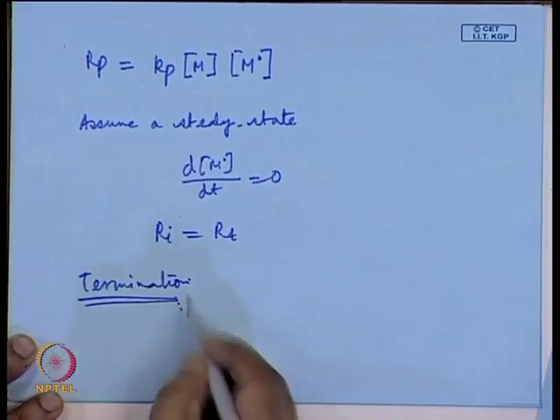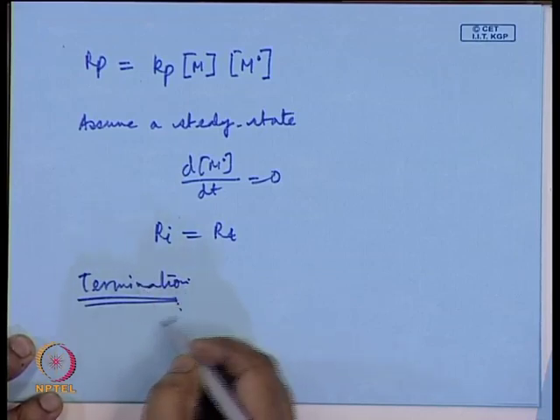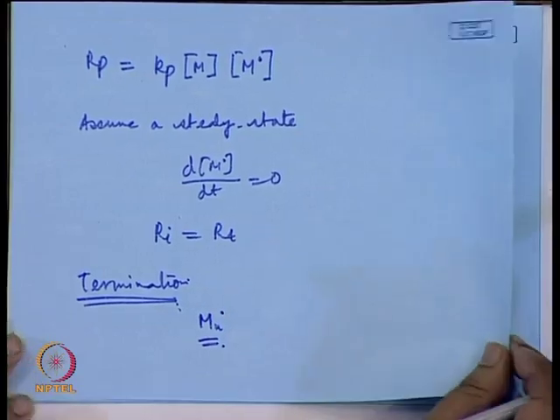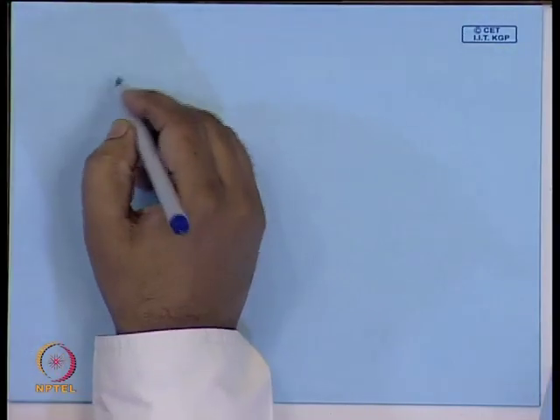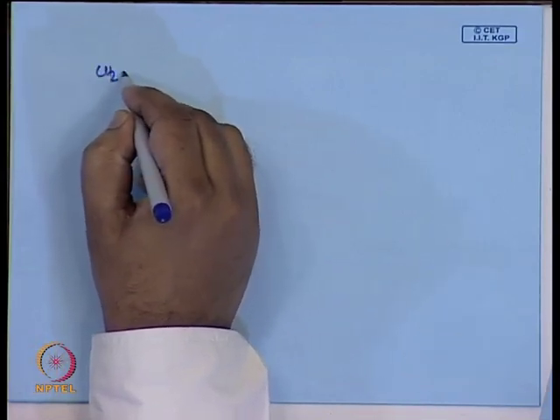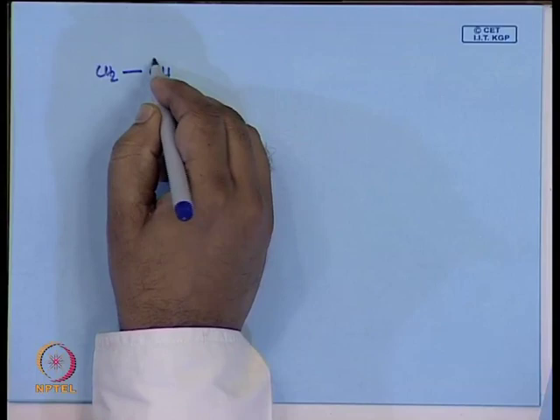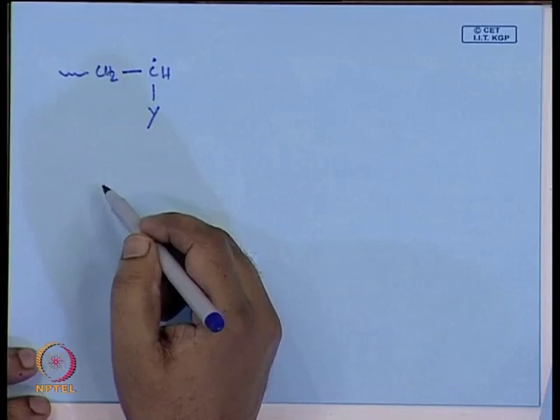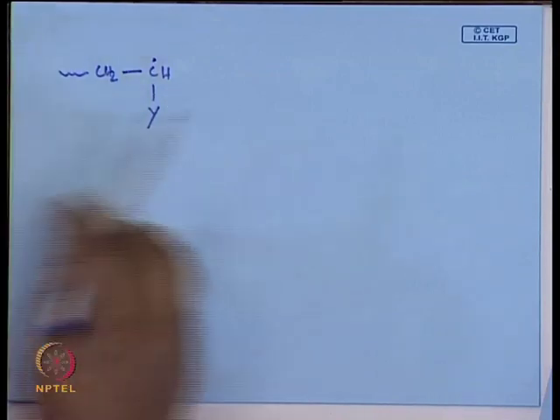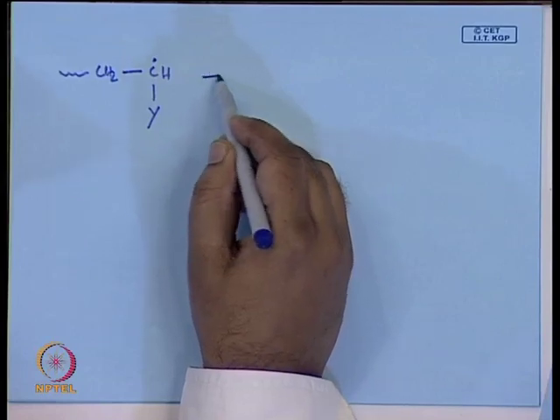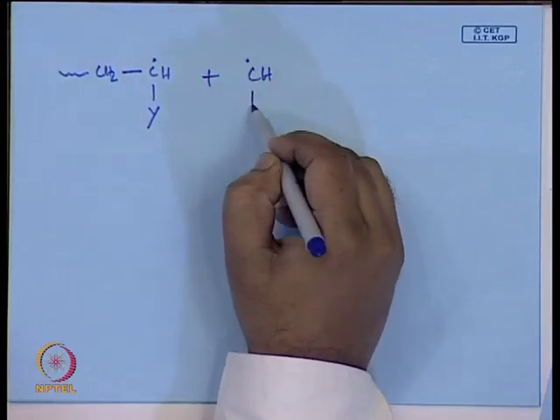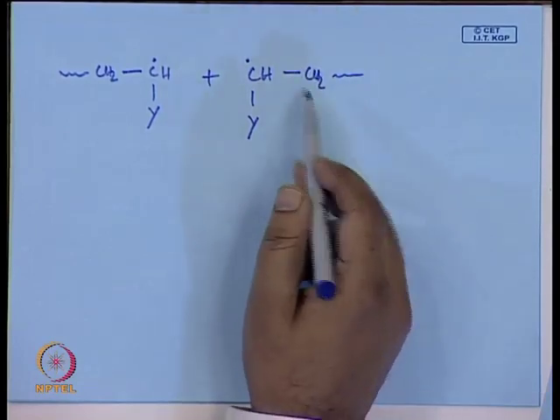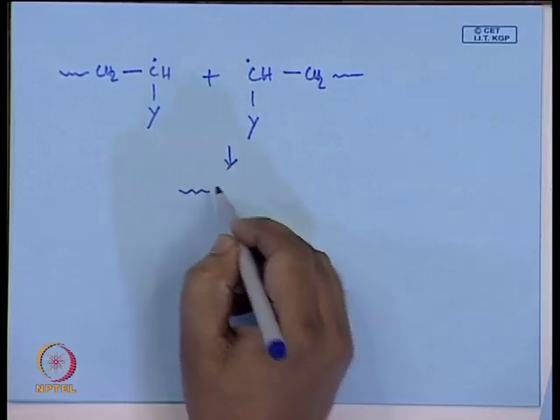How can the radical Mn dot get terminated? If I take that same structure, that same simple monomer, they can get terminated by reacting with the same molecule, and by coupling reaction.